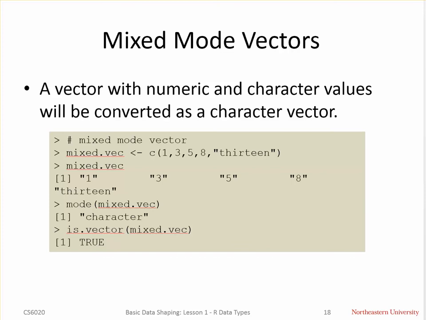So right here we say mix.vec as the concatenation of 1, 3, 5, 8 and the string 13. What you actually end up with is 4 characters, character 1, character 3, character 5, character 8, plus the string 13. And the mode of that, of course, becomes character, but it's still a vector. But you would no longer be able to do any kind of operations mixing that vector with a vector of type numeric.